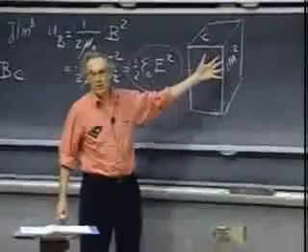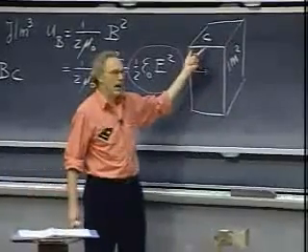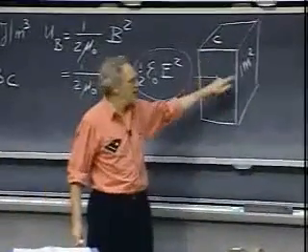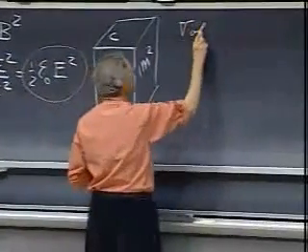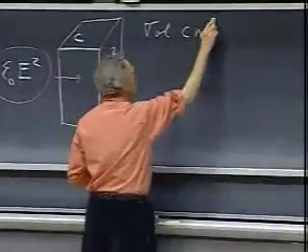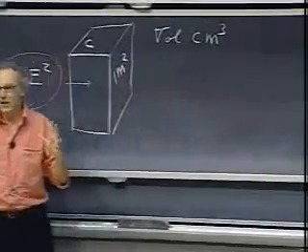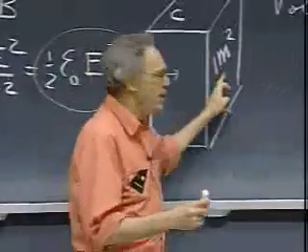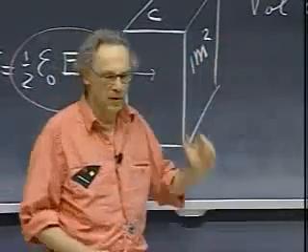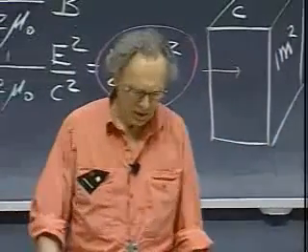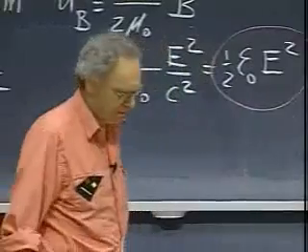Would have gotten the same answer, of course. But for convenience, I choose this to be c, and this to be 1 square meter. So the volume of that box is c cubic meters. And all the energy in that box is going to come out here in 1 second, because I know that electromagnetic waves move with the speed of light, which is c.